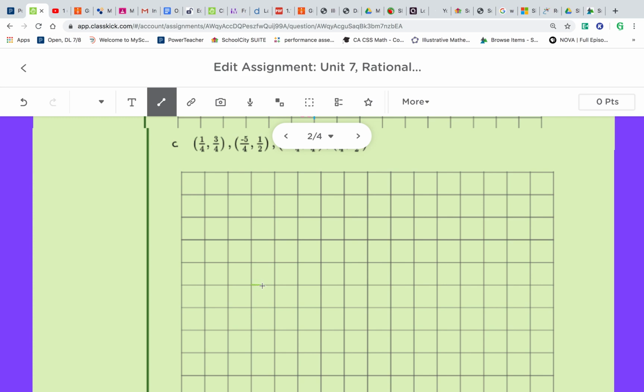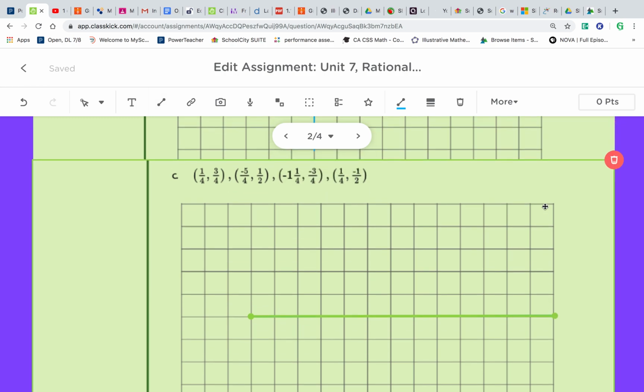So negative 8/4, negative 7/4, negative 6/4, negative 5/4, negative 4/4, which is negative 1, negative 3/4, negative 2/4, negative 1/4, 0, 1/4, 1/2 or 2/4, 3/4, 4/4 is 1, and 5/4. Is this going to cover it? Let's look here. 5/4 would be 1 1/4. That's going to cover all of our points, okay?